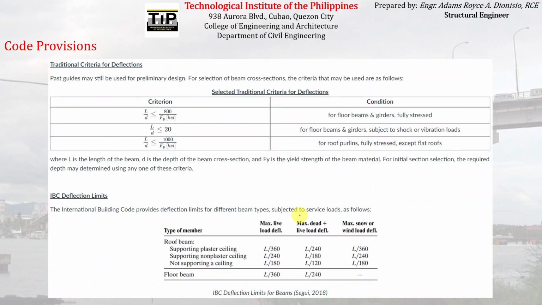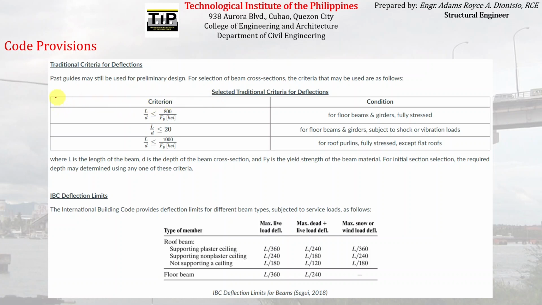Okay. So other than flexure and shear, again, we also have to check the compliance of our design with the allowable deflection specified by the code. We already discussed this a while ago.